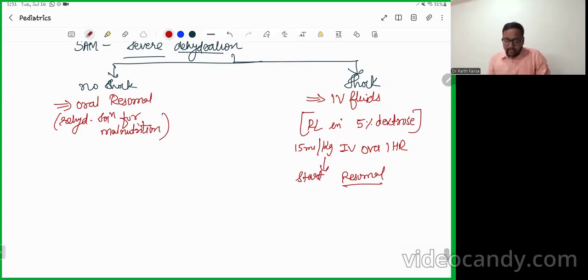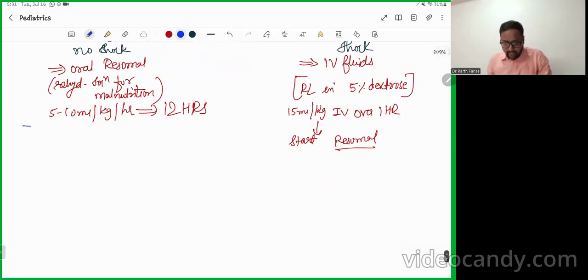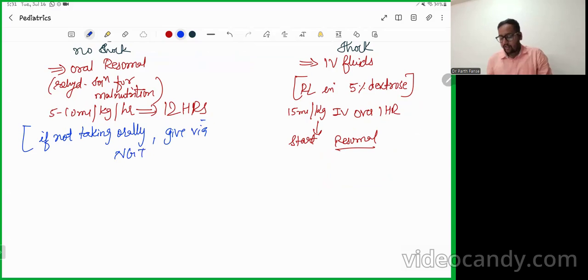It will be 5 to 10 ml per kg per hour for 12 hours. And if a child is not taking orally, you may give it via NGT.